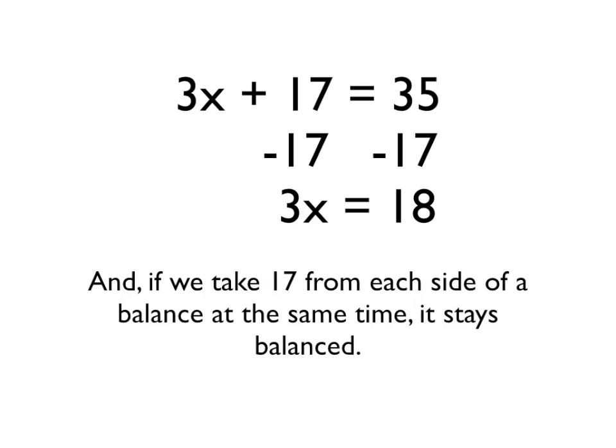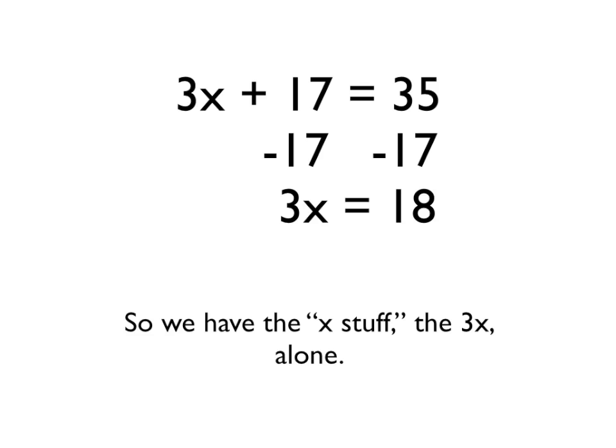So 35 is on one side. You take 17 away from that, and you're left with 18. Something and 17 lying on the other side, well, you take away the 17, and only the 3x is left. So we got the x stuff alone now. 3x equals 18. So we're partway there.